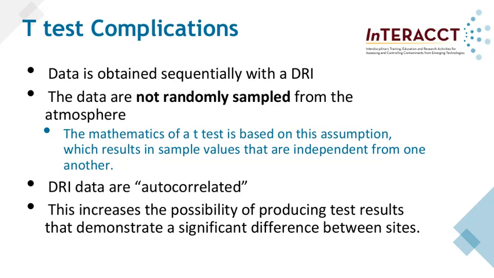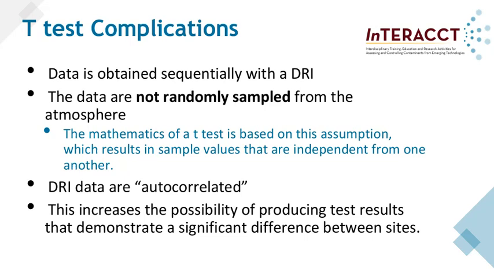When you are randomly sampling, each sample is also independent from one another. However, that's not true for DRI data. The association between one data value and its previously recorded data value is referred to as being autocorrelated. This occurs in situations that do not change drastically between each sample because the sample period is so close to one another. So one data value of concentration is not much different from the next one.